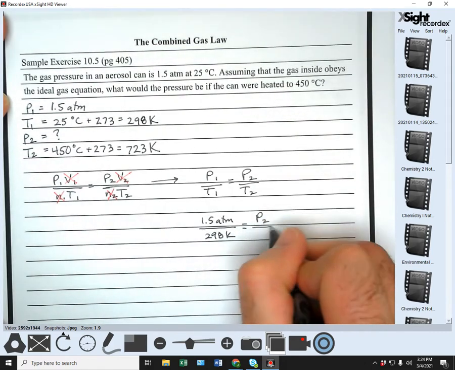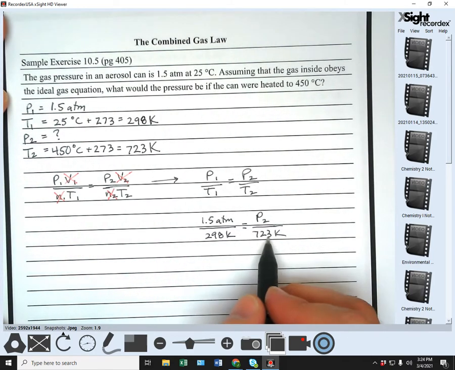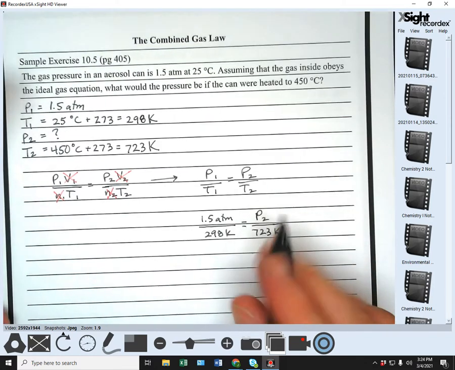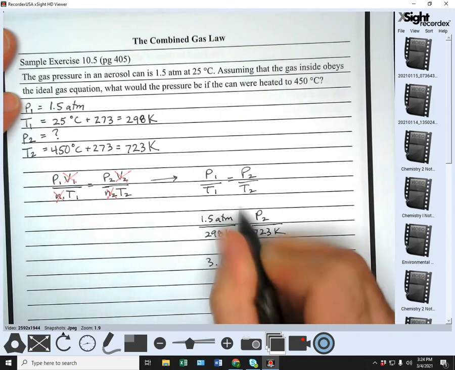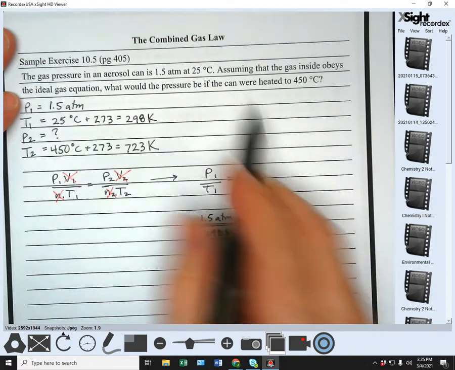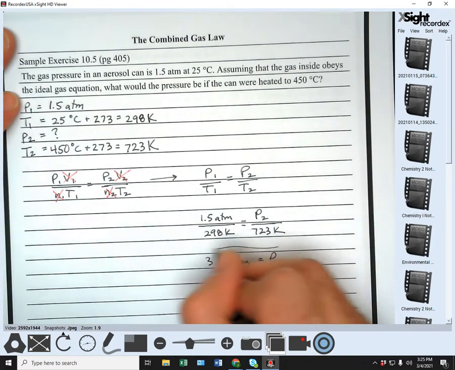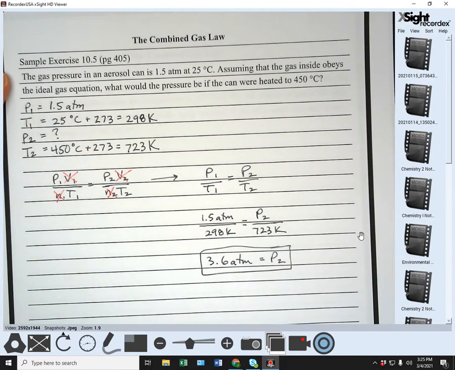And our T2 is 723 K. So to solve, we multiply 1.5 times 723 divided by 298, and we get 3.6. And our K's cancel, so we're just left with atmospheres as our pressure. It didn't ask for any specific unit, so we're good just leaving it in atmospheres. And that's it. All right.